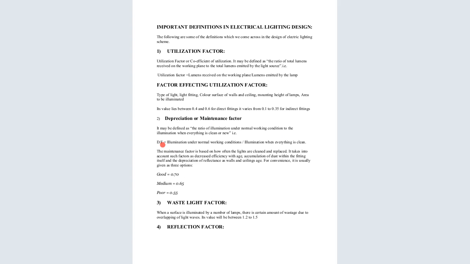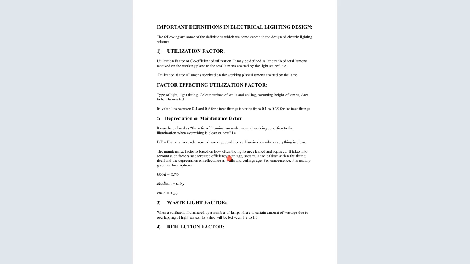So the DF or the MF is equal to the illumination under the normal working condition over the illumination when everything is clean. Under normal working condition, you ask yourself what is normally the amount of illumination that is there, and then you divide by the illumination under a clean or new environment.